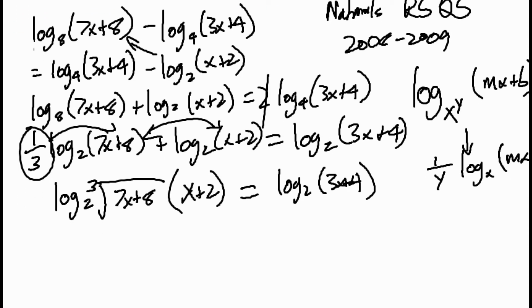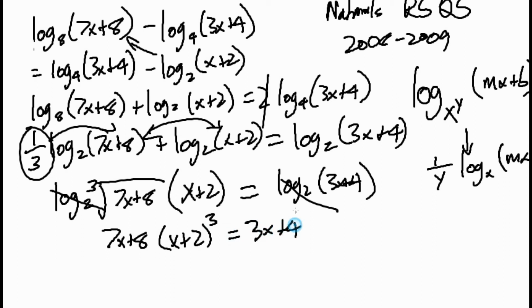Then we can cube both sides to get 7x plus 8. We can take out the logs because it's log base 2 on both sides; we combine them into a single log, then cube both sides after we take those logs out. That's slightly simpler.